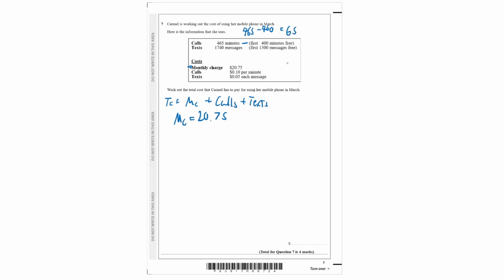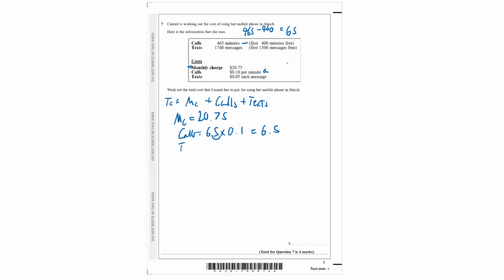Now, for calls, we have 65 times $0.10 per minute. So that means we get $6.5 in total for calls.